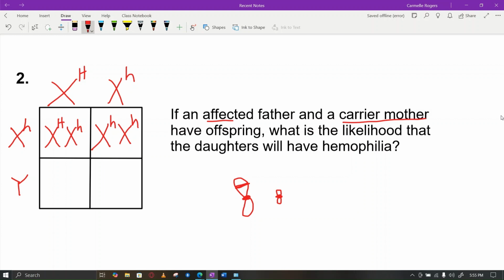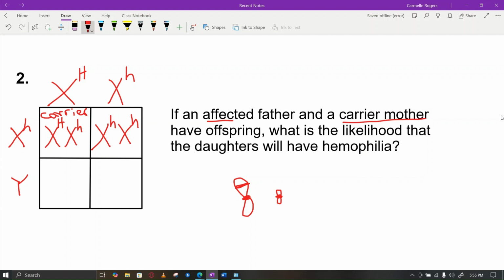Both of these individuals are female because they have XX, but notice how the one at the upper left is a carrier and heterozygous. The one at the upper right, let me know in the comments what would be the phenotype of the individual who is X lowercase h, X lowercase h.